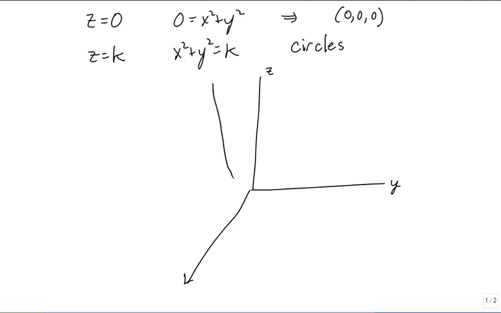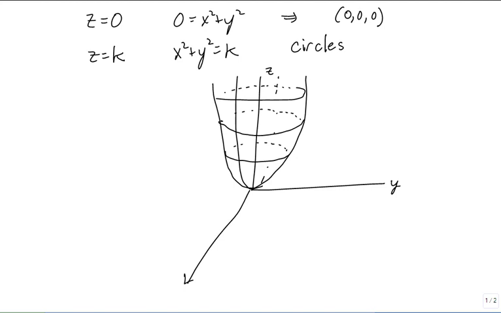I have the flat parabolas, and then I have the parabolas coming straight out at us. And then I have circles here in the plane. And what we have is called a circular paraboloid. So it looks like a cup, and it goes to 0, 0.